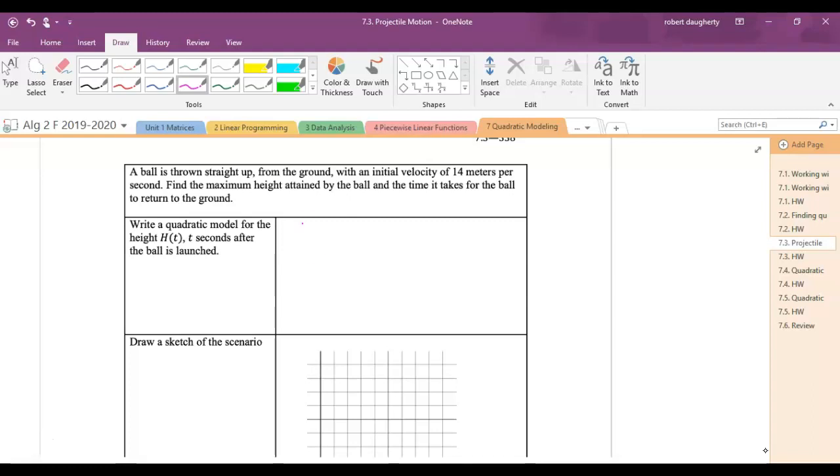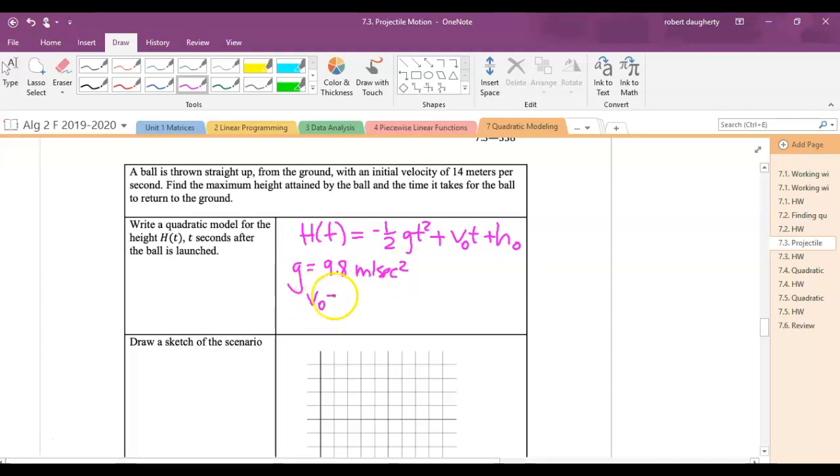Same formula every time here: h of t equals negative 1/2 g t squared plus the initial velocity times t plus the initial height. What's gravity in this problem? 9.8 meters per second squared. What is the initial velocity?